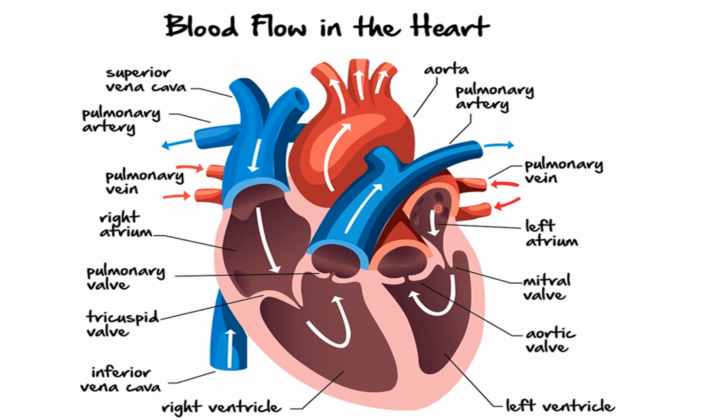Then this blood is pumped into the left ventricle through the mitral valve. During a contraction again of the cardiac muscles, this blood is forced into the aorta through the aortic valve to all other parts of the body, the upper part and the lower part.